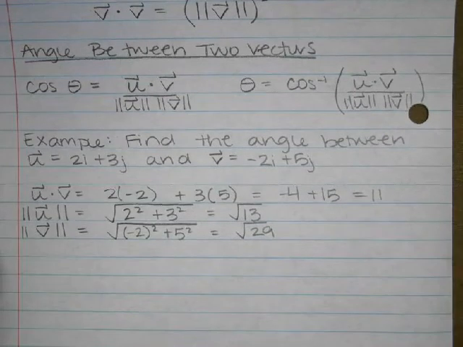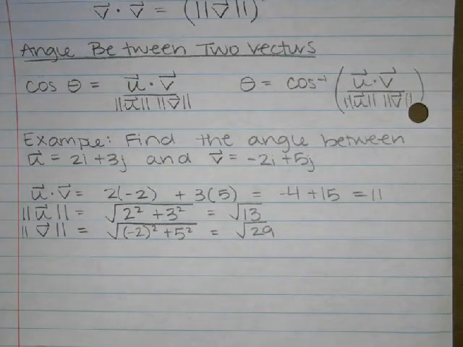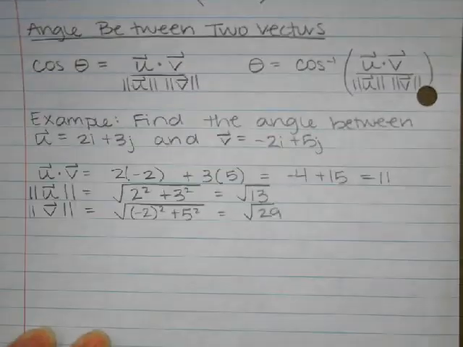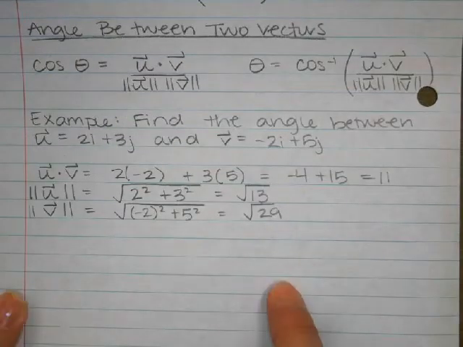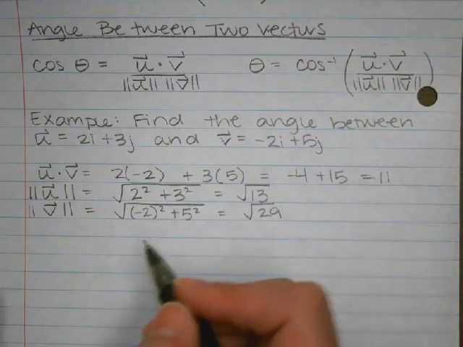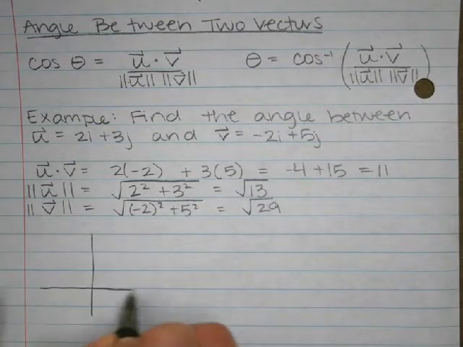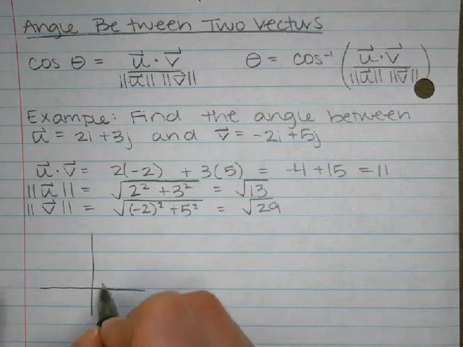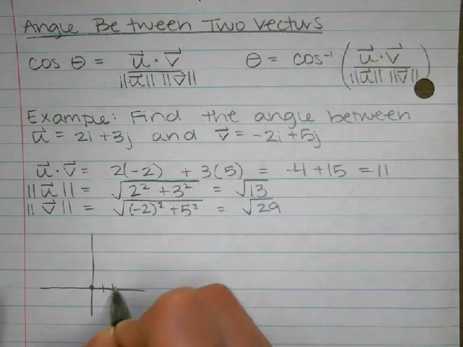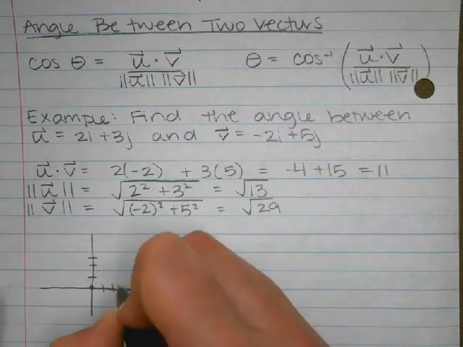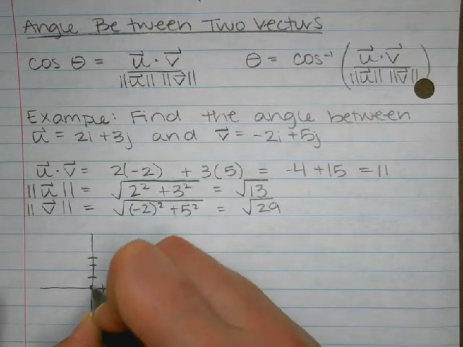Before we finish solving this problem, I'm going to go ahead and draw a picture of this so you can see exactly what we're trying to find. Maybe I'll just draw it on here. I was going to try to get one of my blue stickies off, but I can't get it off right now. So u has a horizontal component, starting at the origin, of 2 and a vertical component of 3.